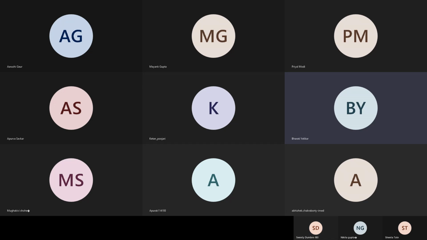So what is infrastructure management? That is the first question, and it is also known as IM. In simple language, it is the process of managing the components of a company's information technology.